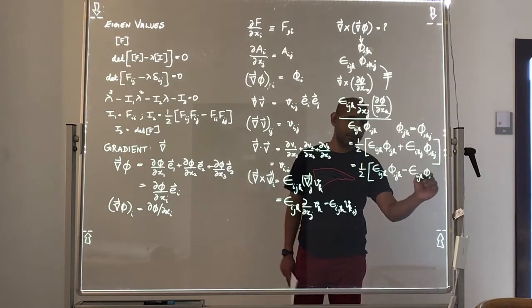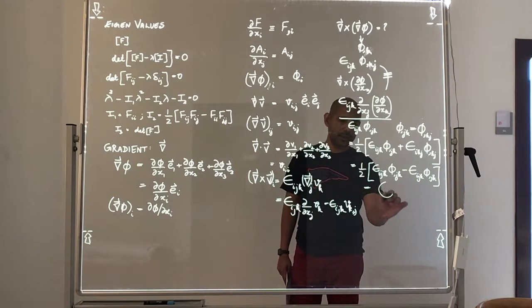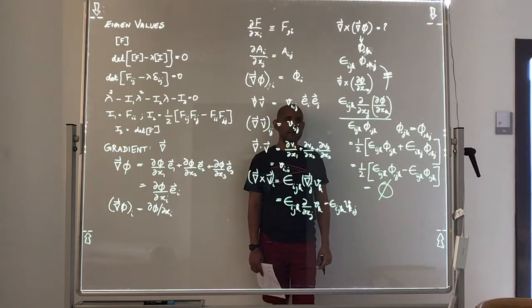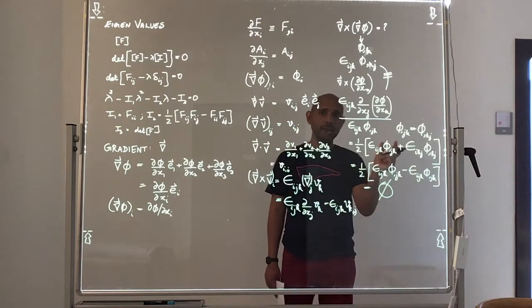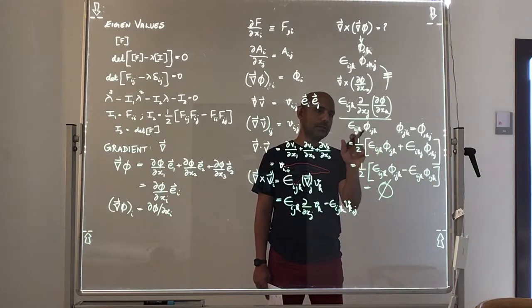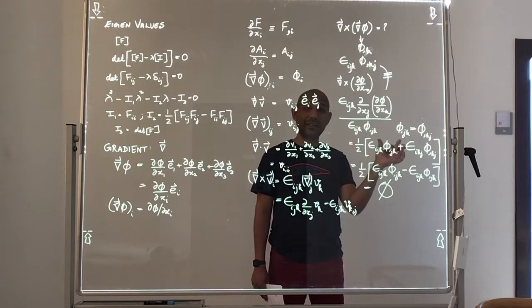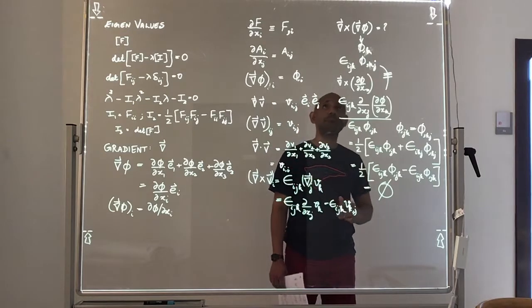It doesn't matter the order in which I differentiate them, so I can swap them again. And this is a big fat 0. Again, as I said, once you become experts in index notation, if phi comma jk is symmetric, then you'll quickly realize that there's an epsilon sitting here, it goes to 0.